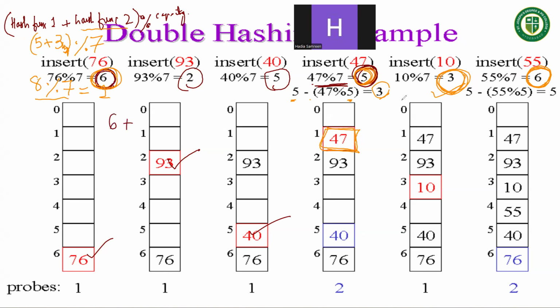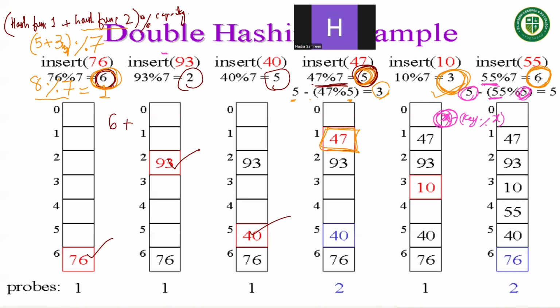But our second hash function will be something like this: a number that is relatively prime to the previous hash function, something like x or k, minus the key value modulus x.